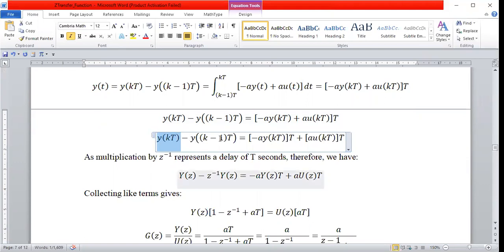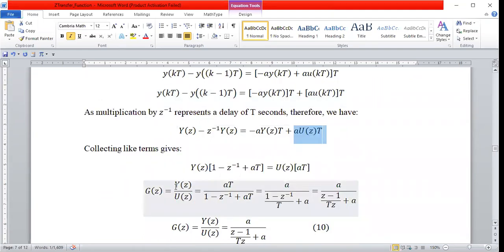The z transform of this is this, and the z transform of this is this. Then you collect like terms, separating the y of z from the u of z. Then you put it in the form of the transfer function, and you are going to get this.